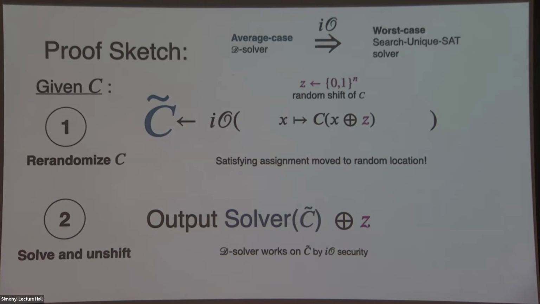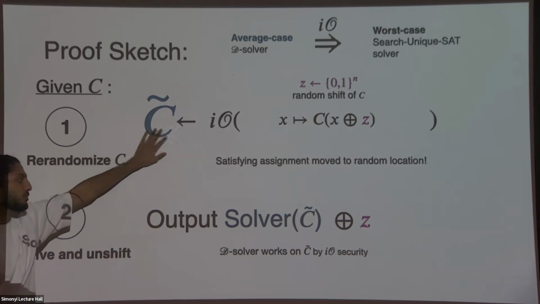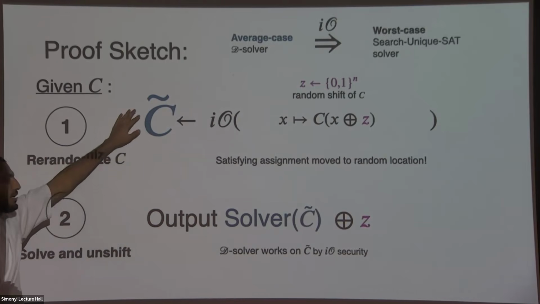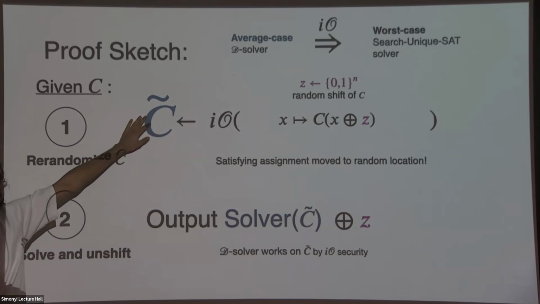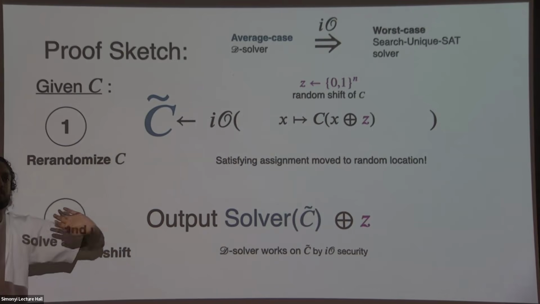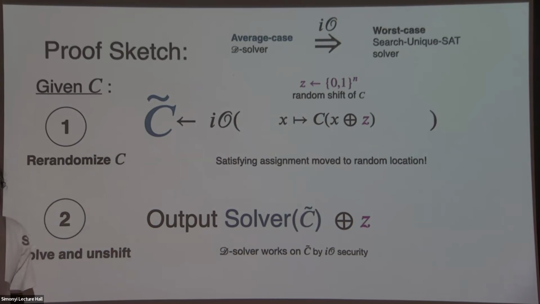Okay, I see. So the point is, a priori, the solver might not work on these C tildes. But IO says whether you work or not should just be dictated by your functionality, and because their functionality is random point functions, it should work. Okay, any other questions?